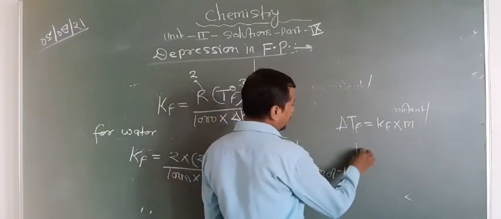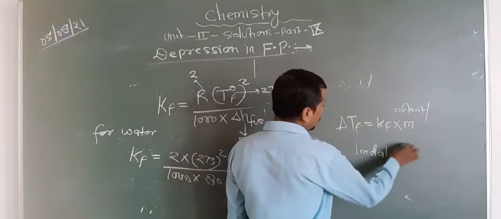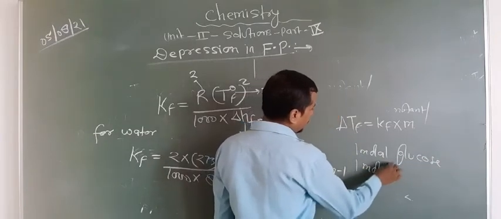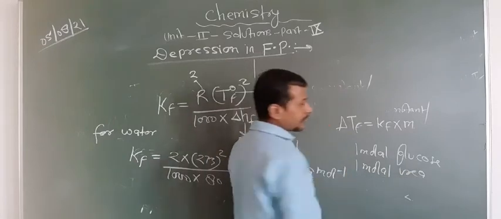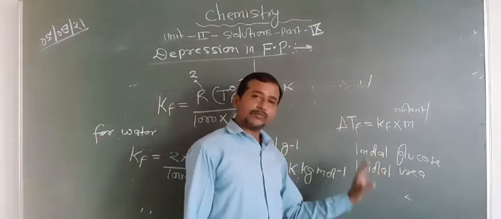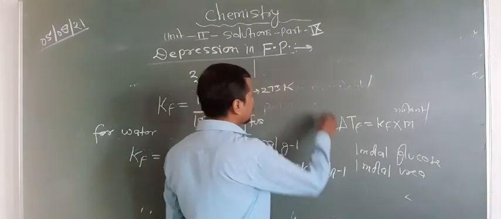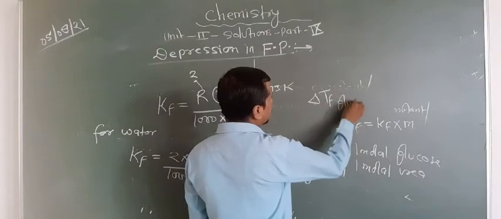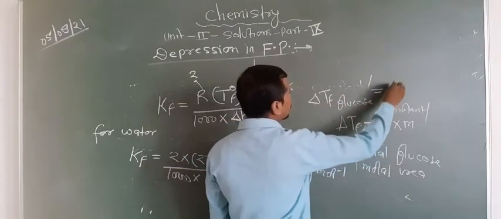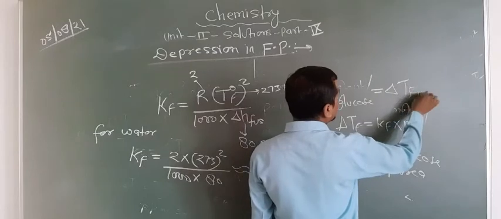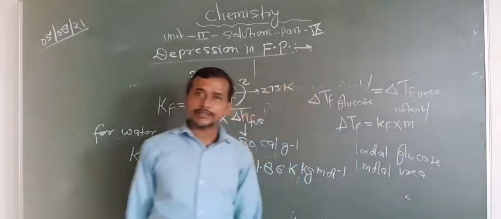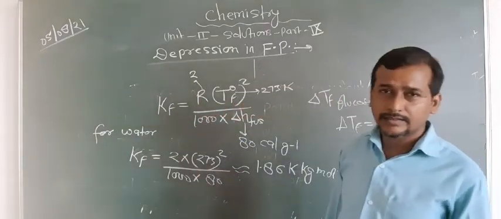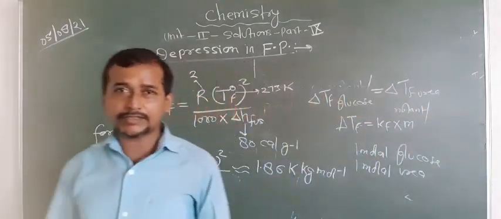If we take 1 molar glucose and also 1 molar urea, both have the same moles, so both have the same delta TF. That means the delta TF of glucose is equal to the delta TF of urea. That means equal amounts of solute added in equal amounts of solvent have the same depression in freezing point. Are you getting this point or not?